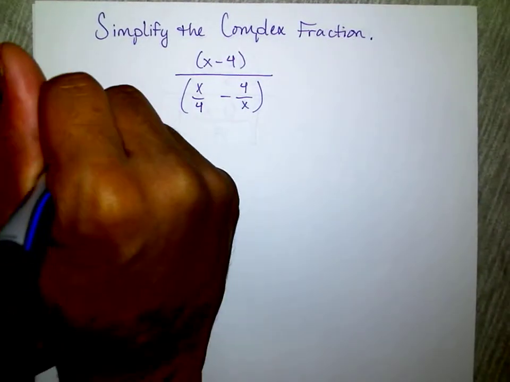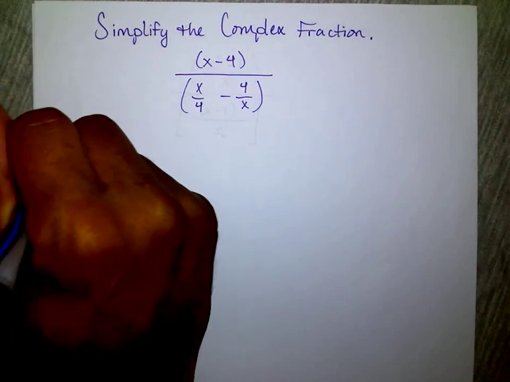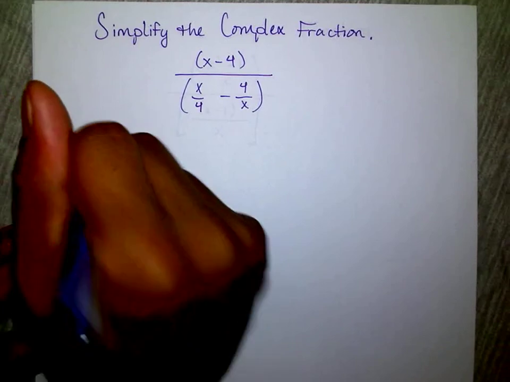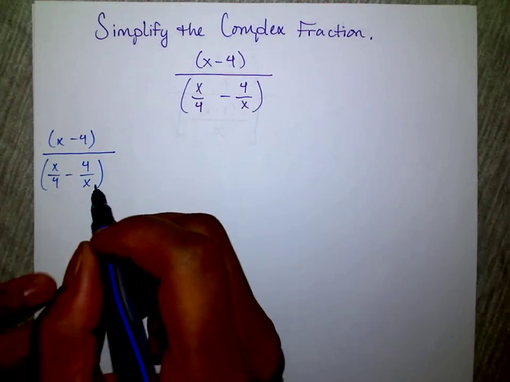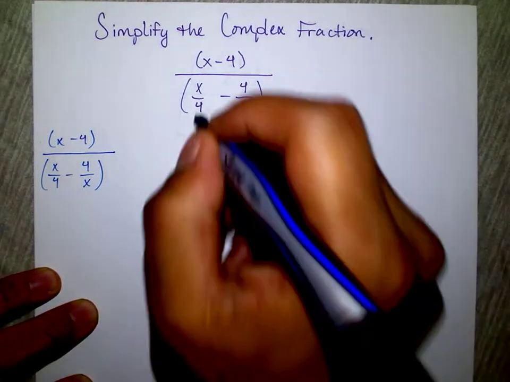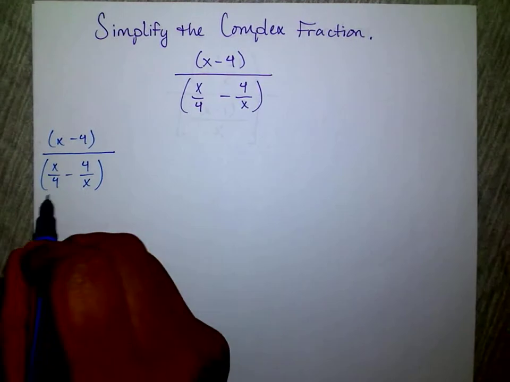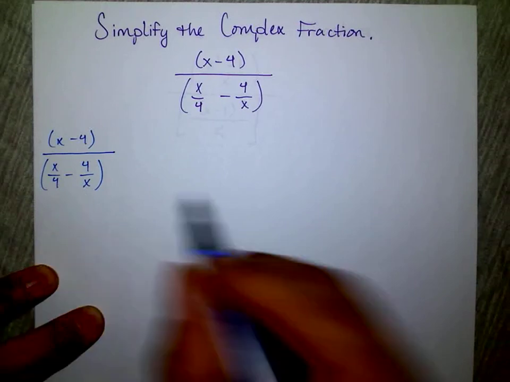We got x minus 4 on top. In our denominator, x over 4 minus 4 over x. Now the first thing we want to do here is simplify the denominator. So in doing so, we want these two denominators right here to have the same denominator.